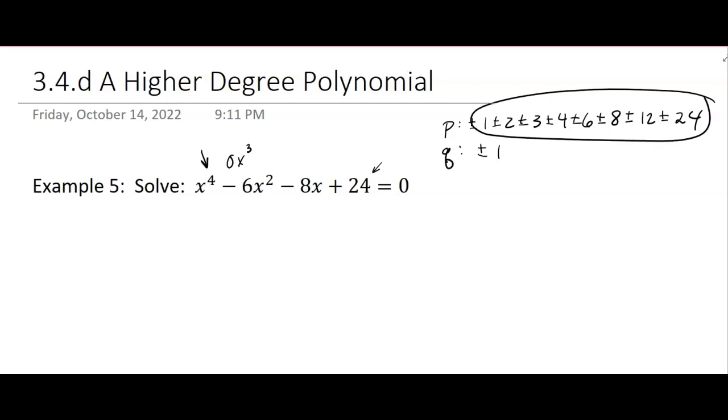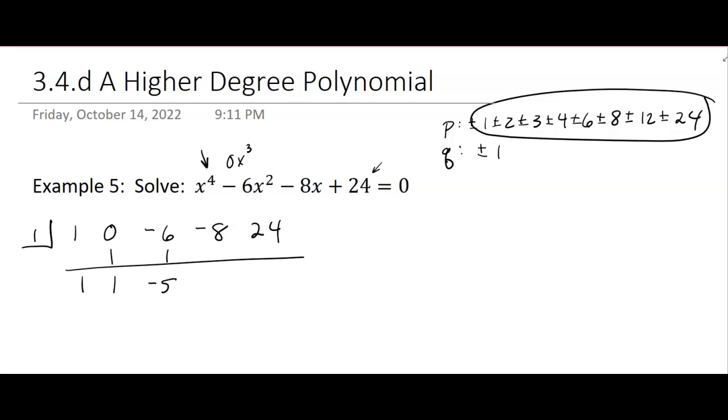Okay, we'll try one and see if it works. Pull off the coefficients 1, 0, -6, -8, and 24. We'll see what happens. 1 times 1, 0 and 1, 1 times 1, -5, oops, -13, and I don't think this is going to work.